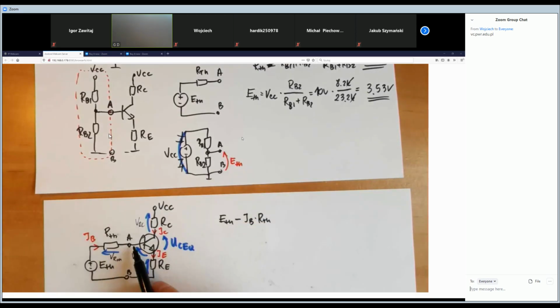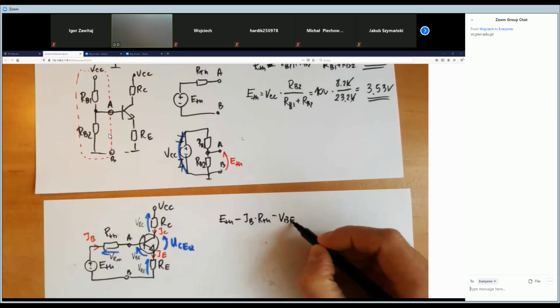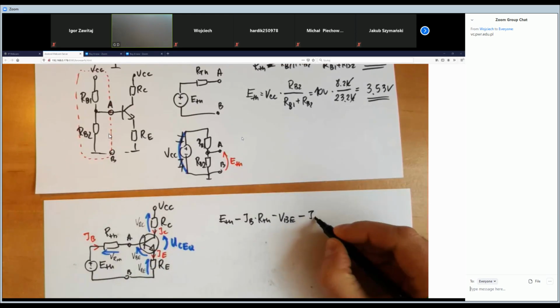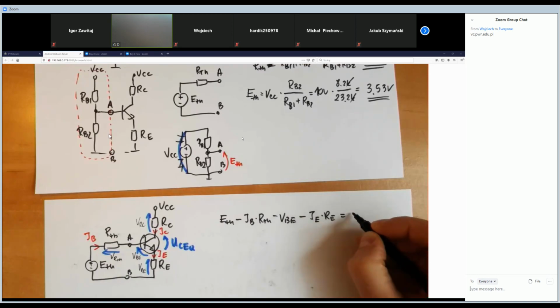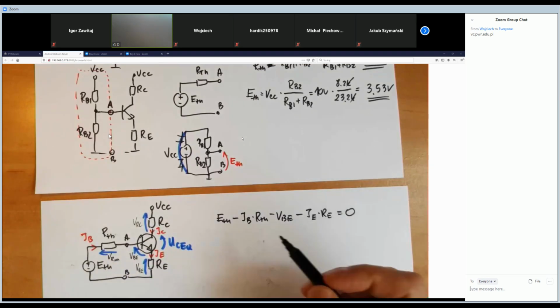Next voltage drop, we've got the VBE, and the voltage drop on the emitter resistance, VRE, which is IE times RE. And everything should be equal to 0, because the sum of the voltage drops in a closed loop should be equal to 0. So this is the first equation.